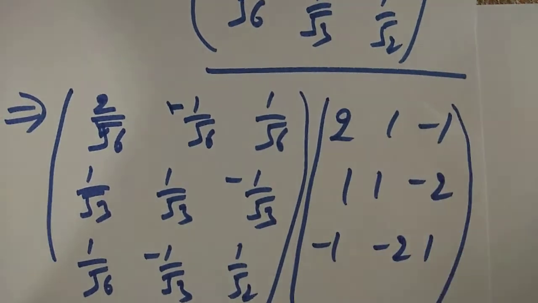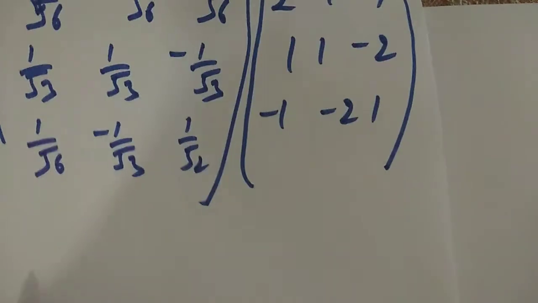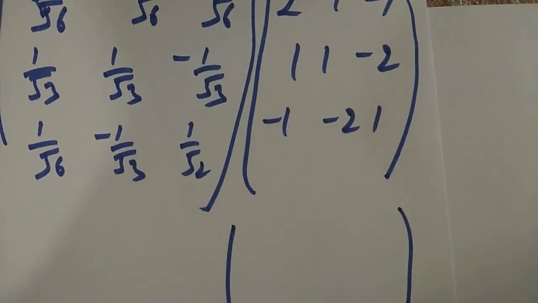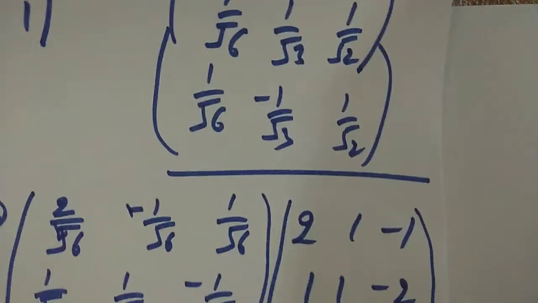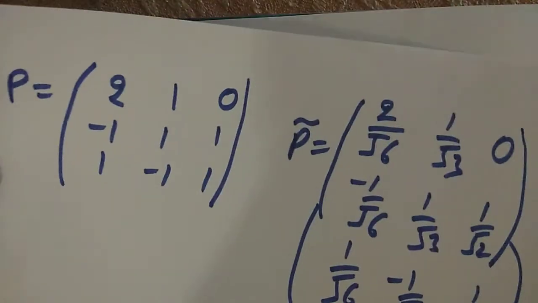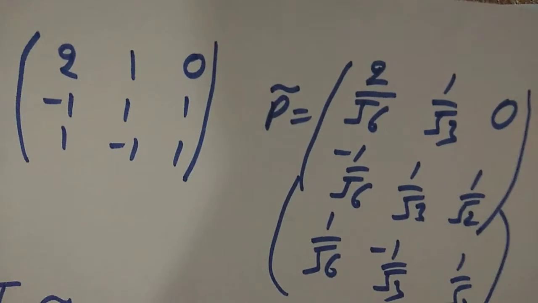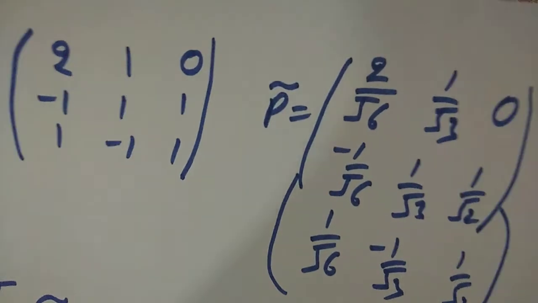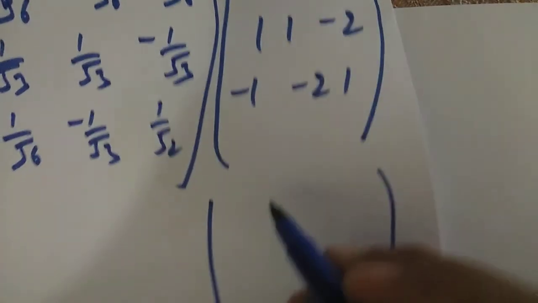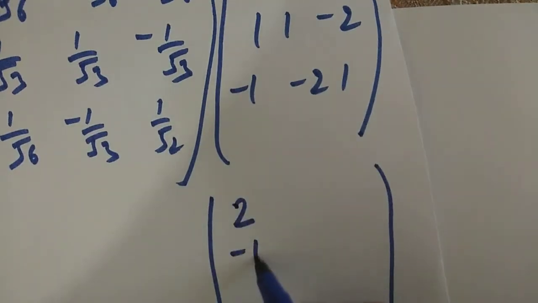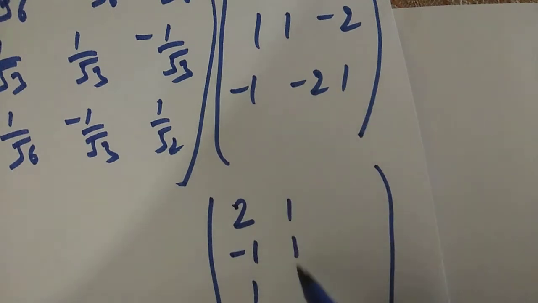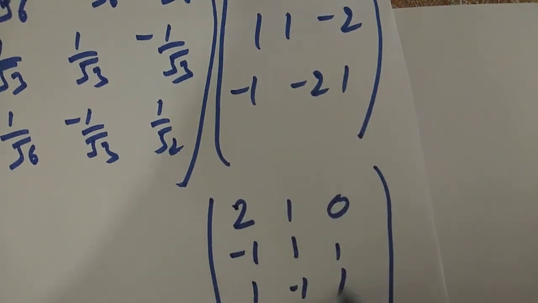So this is P transpose A into P, where P is 2, minus 1, 1, 1, 1, minus 1, 0, 1, 1.